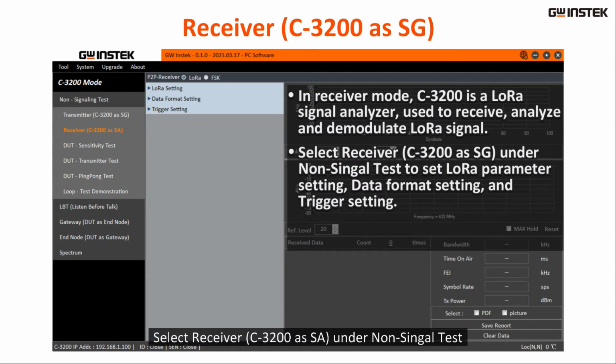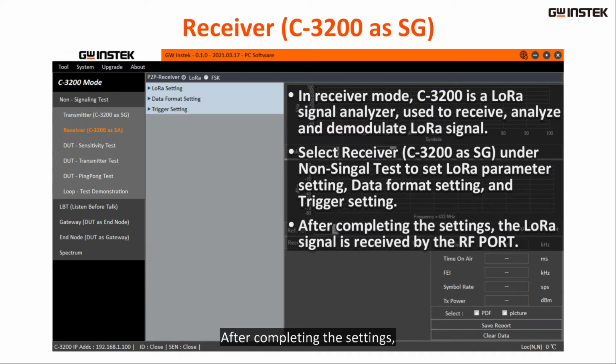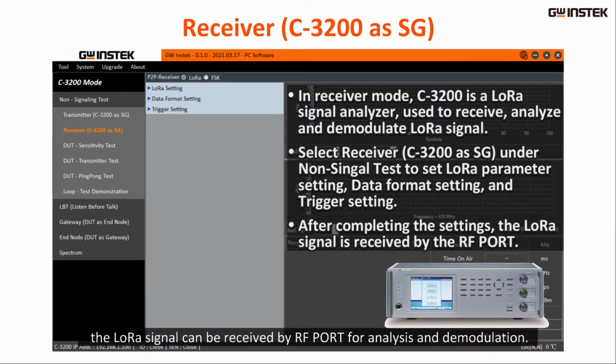Select receiver C-3200 as SA under non-signaling test to perform LoRa parameter setting, data format setting, and trigger setting. After completing the settings, the LoRa signal can be received by the RF port for analysis and demodulation.